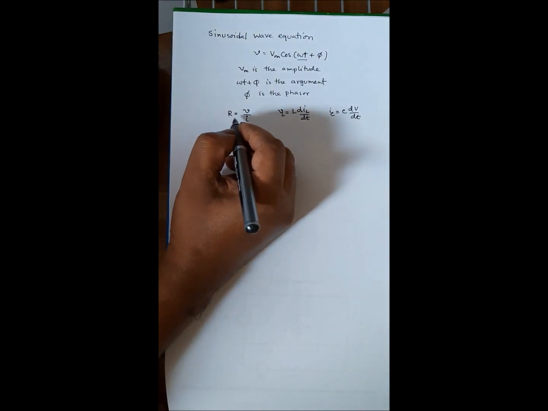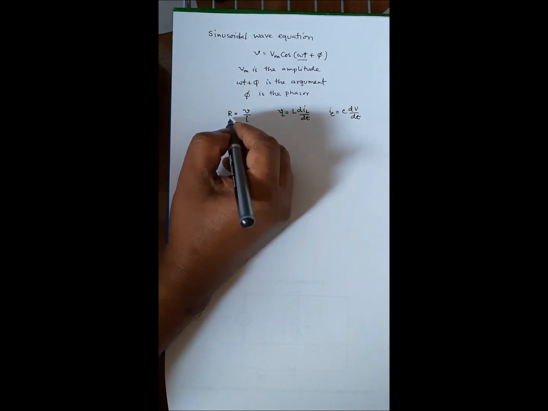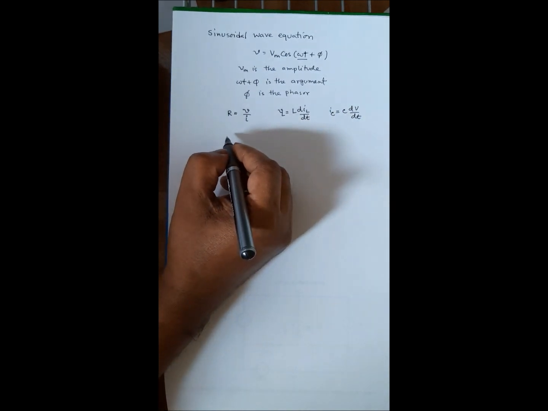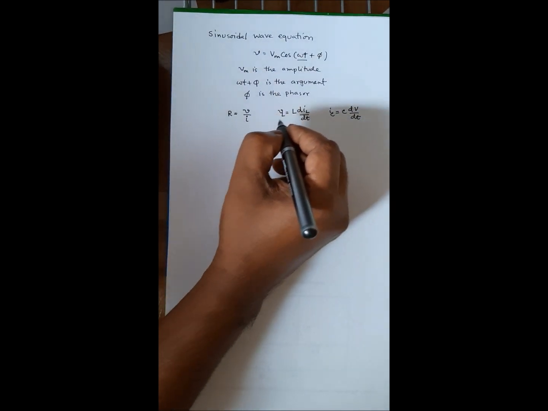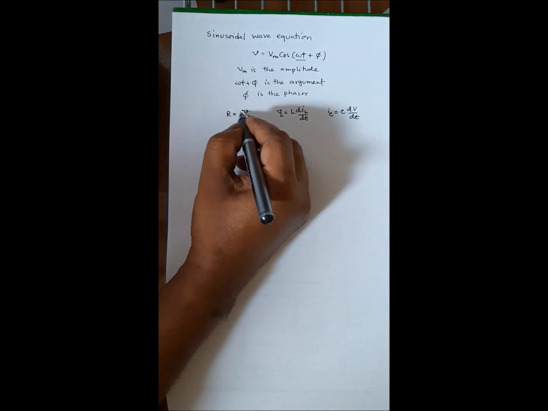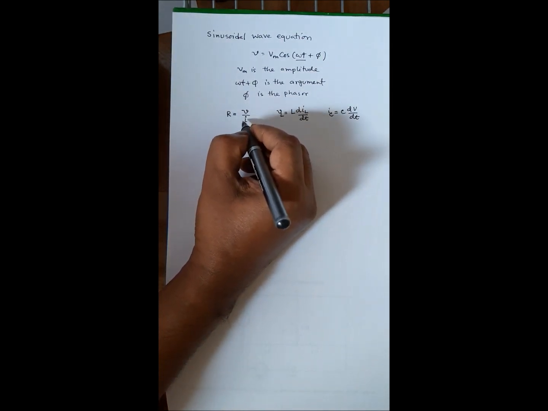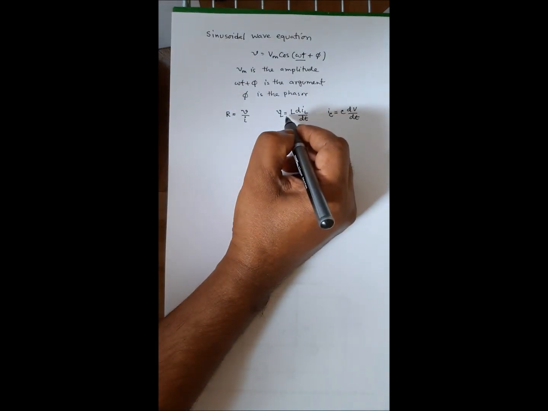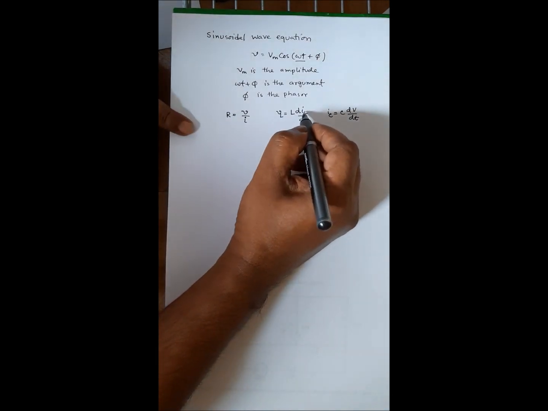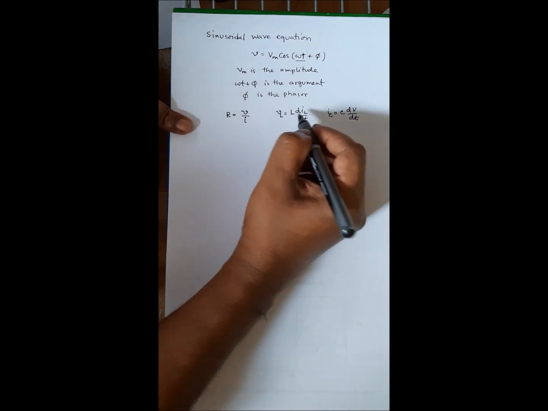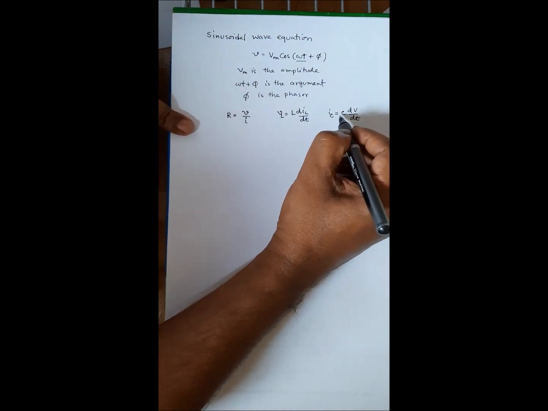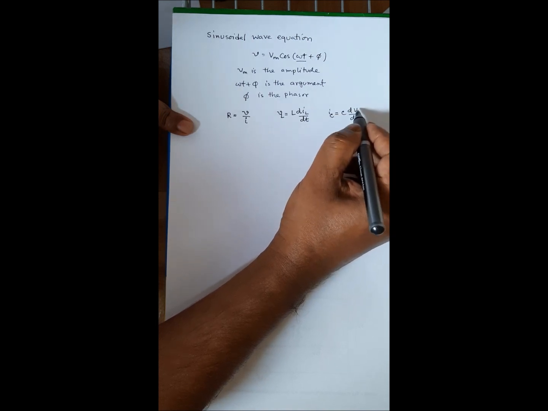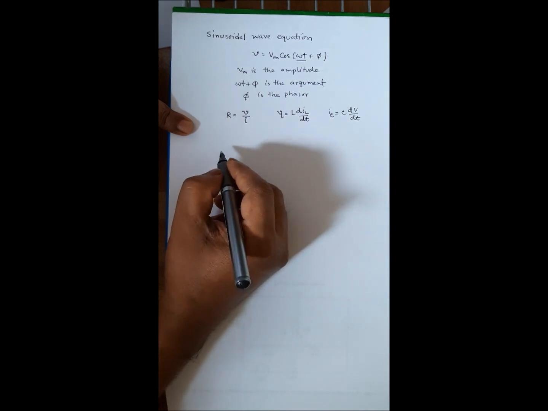These are the relationships between voltage and current for resistor, inductor, and capacitor. For a resistor, voltage is proportional to the current; for an inductor, voltage is L times the derivative of current; and for a capacitor, the current is the time derivative of voltage times the capacitance of the capacitor.